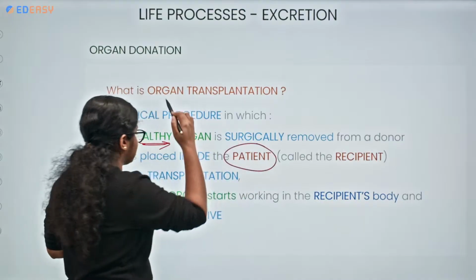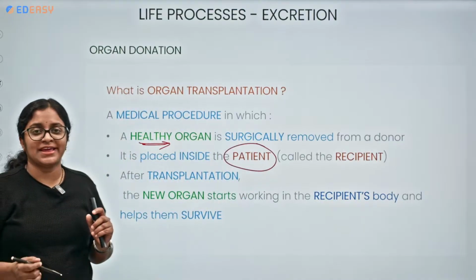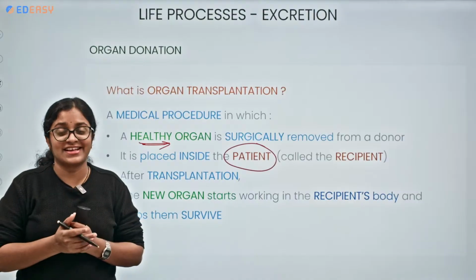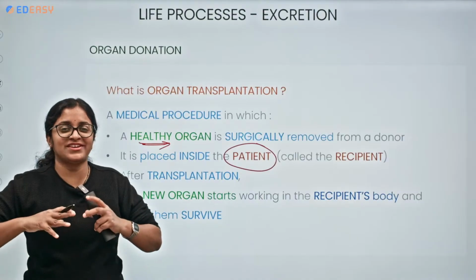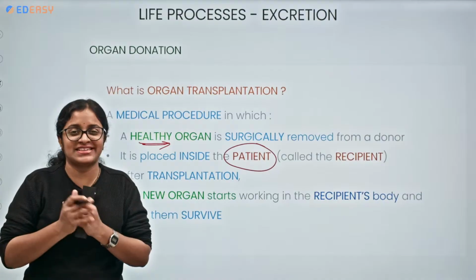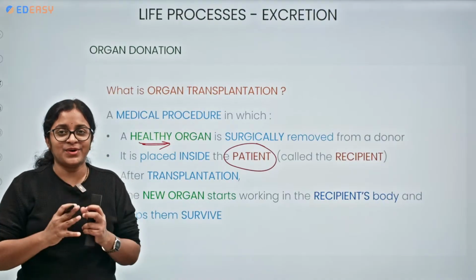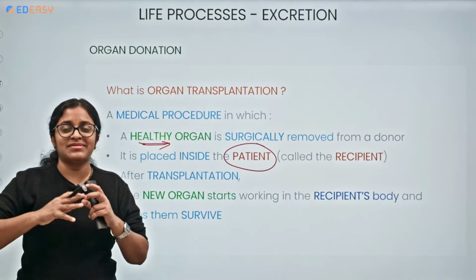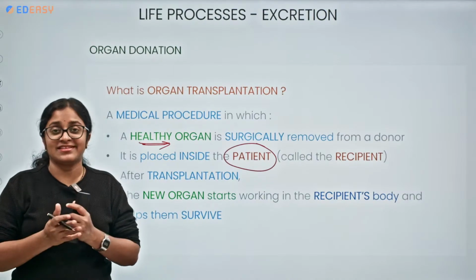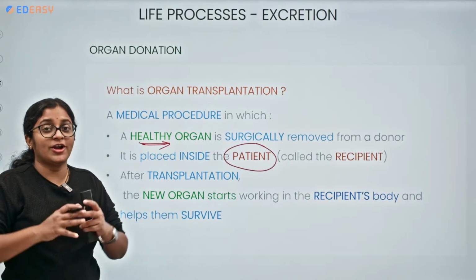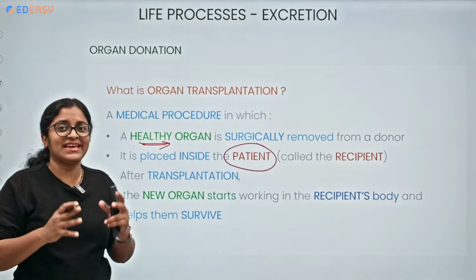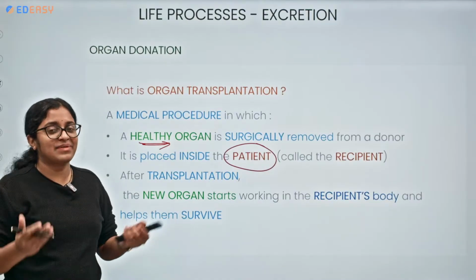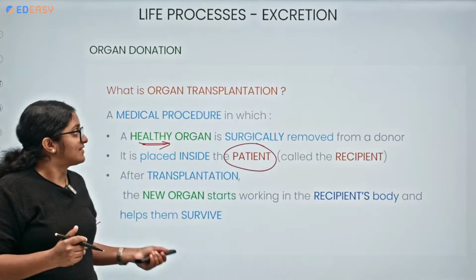Inside the recipient. After receiving the transplantation, the new organ should adjust itself to the new person, right? It will take some time for adjusting within the recipient's body, not much time, only some time, okay? And it will help the patient in surviving.